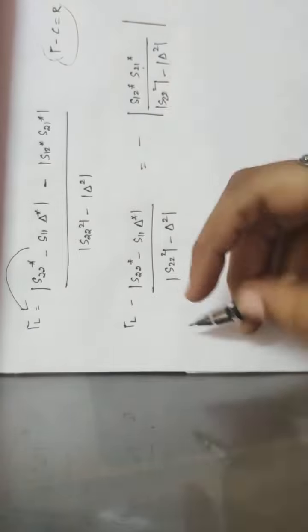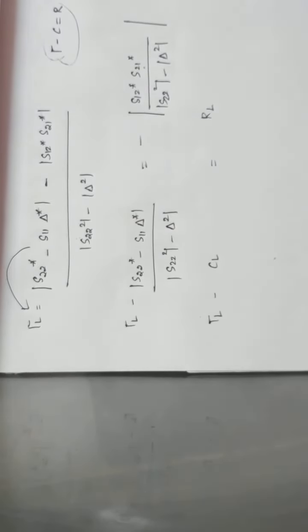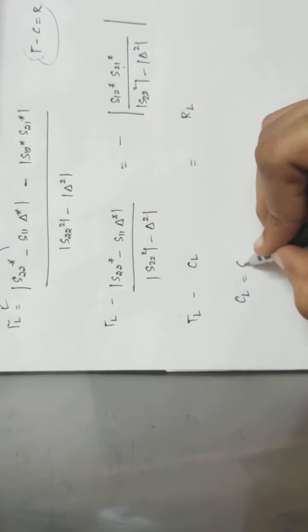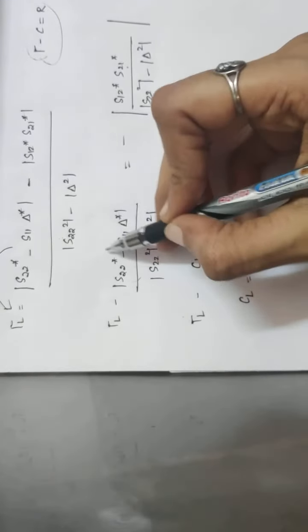Now this is of the form tau L minus CL is equal to RL. So compare the values. We will be getting CL, which is your output circle center. This is, I'll write this star, the conjugate, as whole.